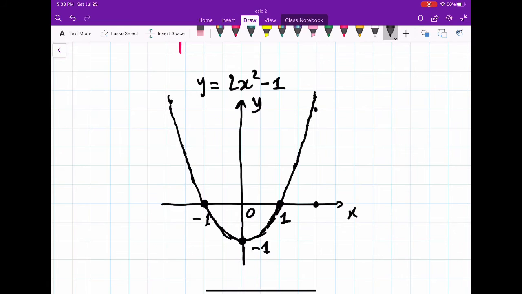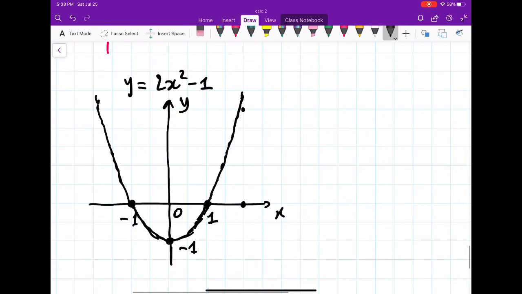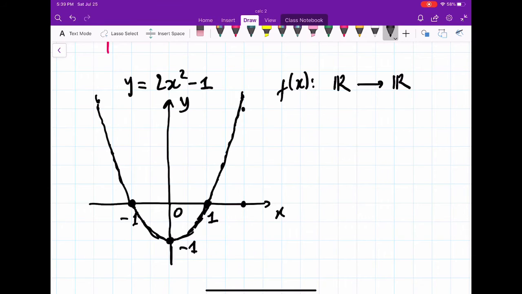So if you have a function like y equal to 2x squared minus 1, and you don't say anything about the domain, the function is defined everywhere. Let me write it down. Your function f of x is from R to R. If we don't say anything about the domain, the domain is the whole number line because the function is defined everywhere.